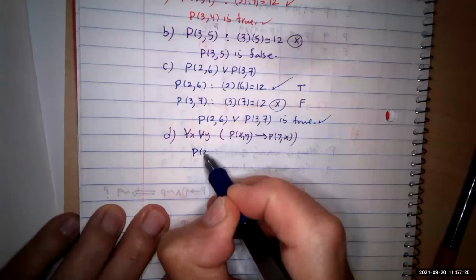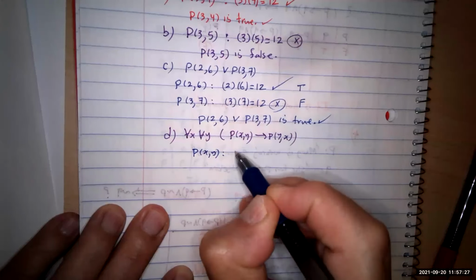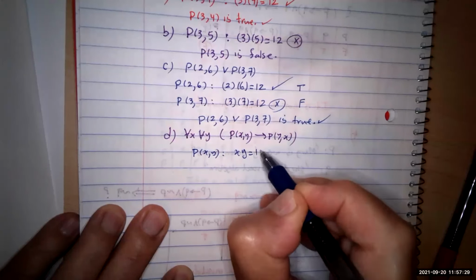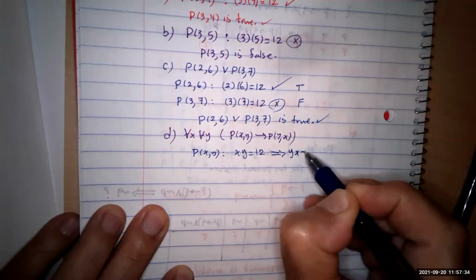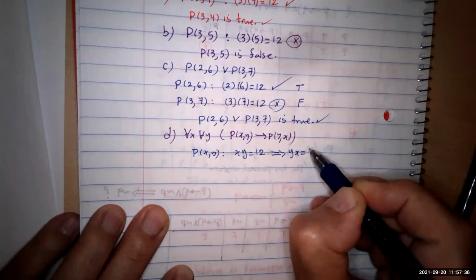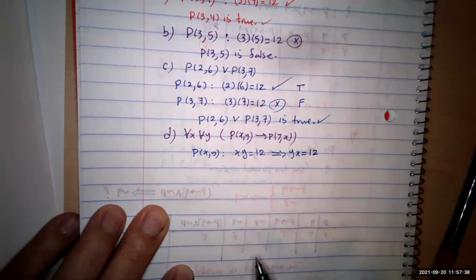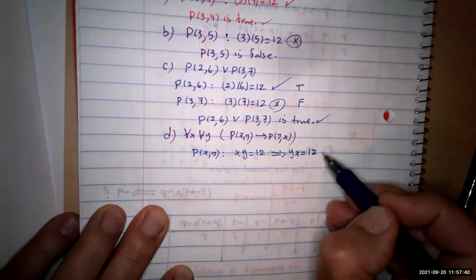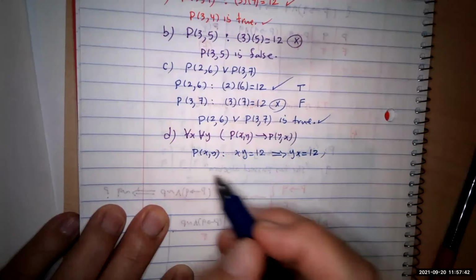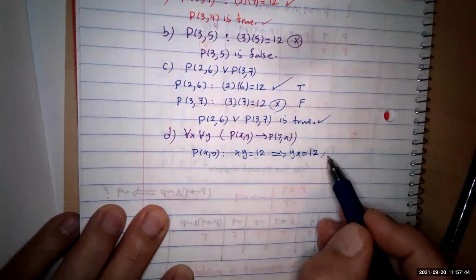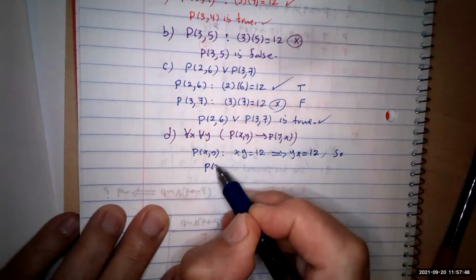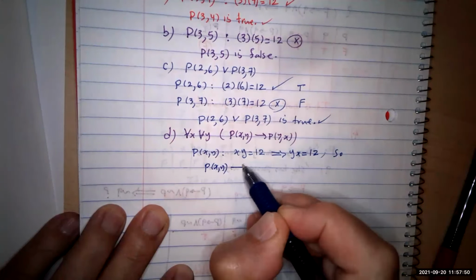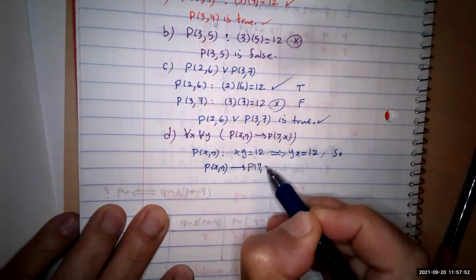You say that P of XY is X times Y equal to 12, and that would imply that Y times X is also equal to 12. And Y times X is P of YX. So if you give me PXY, I give you PYX all the time.